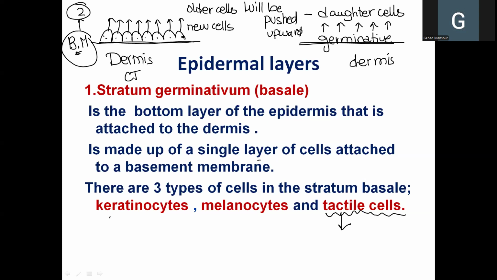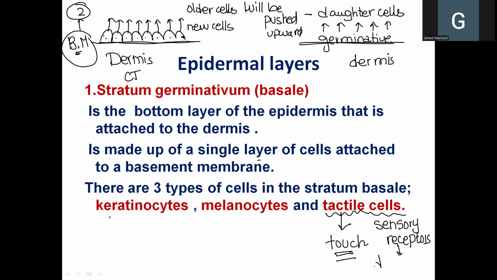And tactile is derived from the verb to touch. So tactile cells are sensory cells. As we will be seeing in the next part of the video, they are sensory receptors, and these tactile cells are concerned with detecting the sensation of touch.